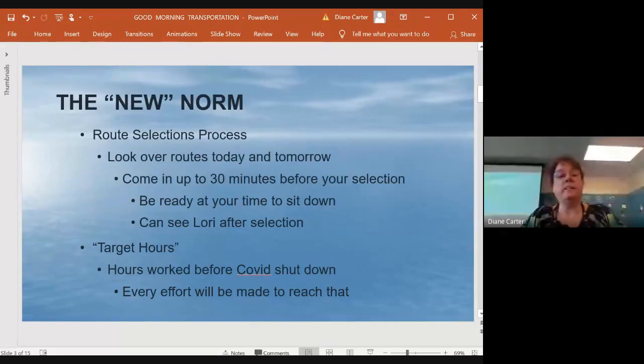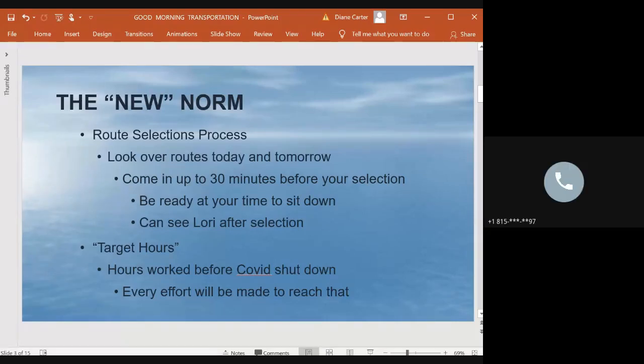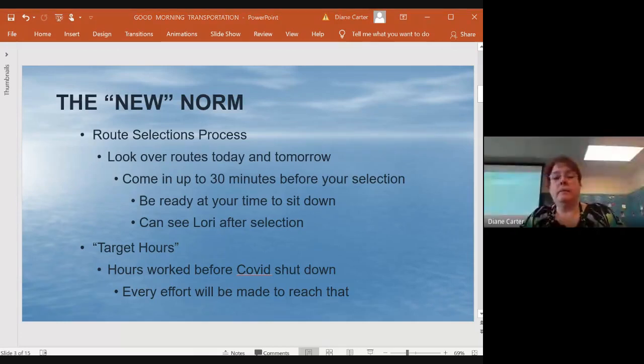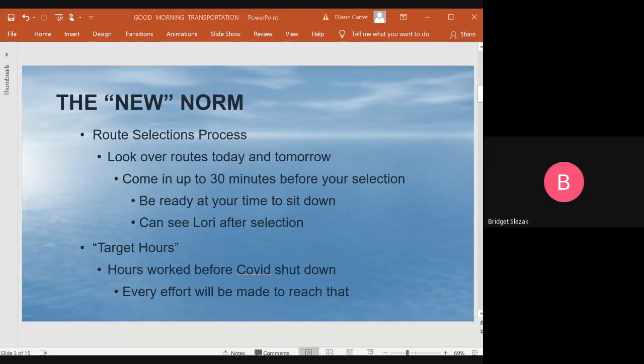Somebody is still not muted. Okay. Hey, I think the person that's not muted is on the phone, not through Google Meets. So I don't think they can mute themselves, or they don't know how. This is Lucretia.